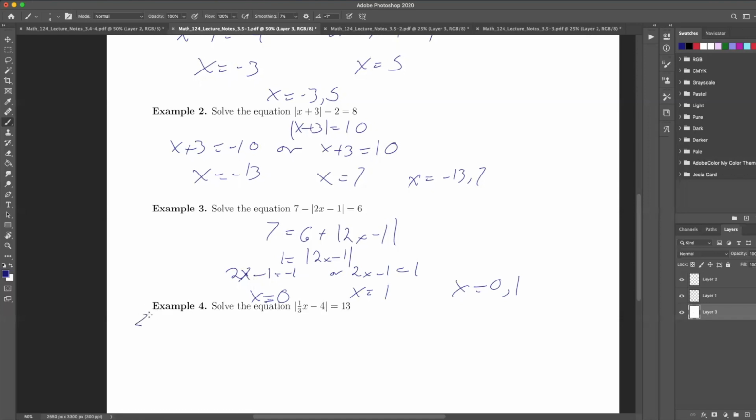So go ahead and try example 4 real quick. Give this a try. And let me know what you get. So give number 4 a try. And just put your answers into chat.